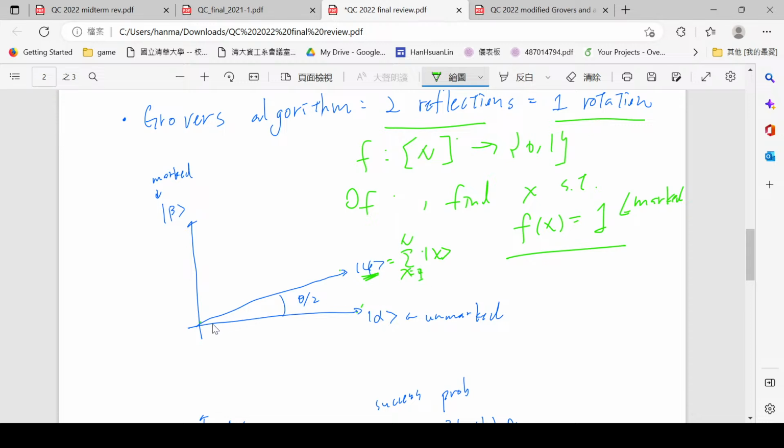Then we consider this two-dimensional subspace, with beta being all marked items and alpha being all unmarked items. So beta are the x such that f of x equals 1, and alpha are the x such that f of x equals 0. When we do a Grover iteration, we do two reflections.